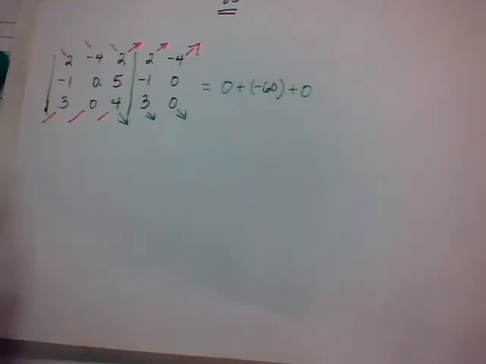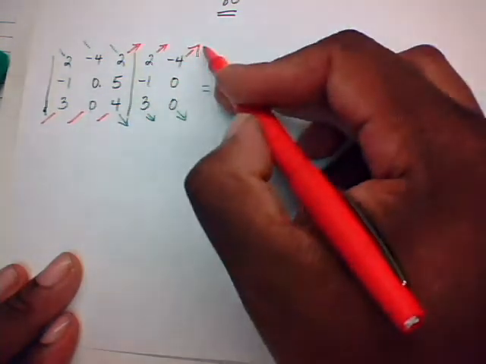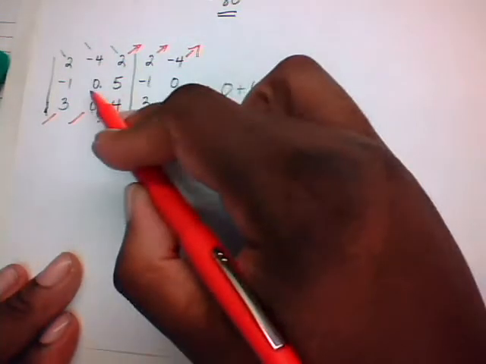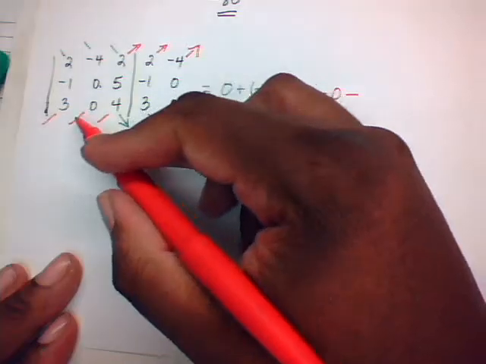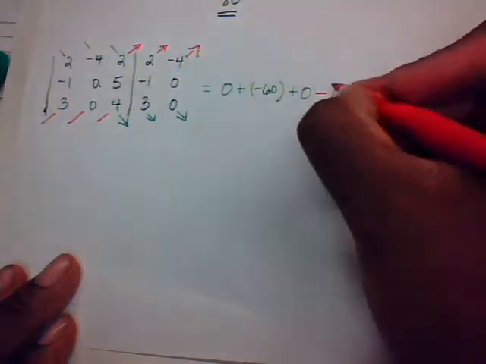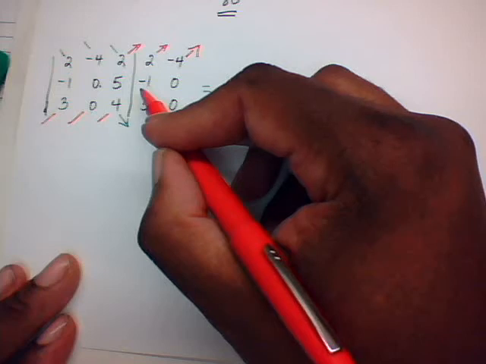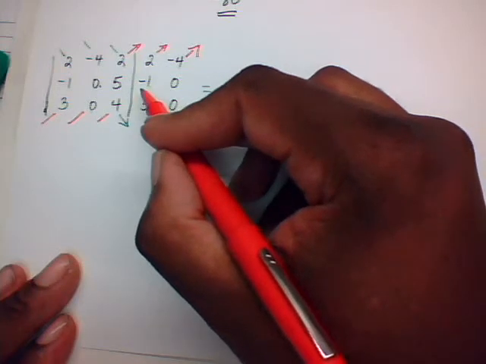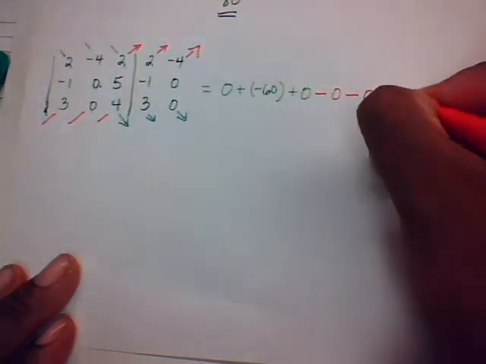Now we're going to minus the product of these diagonals going this way. 3 times 0 is 0, times 2 is, of course, 0, minus 0 times 5 is 0, times 2, again, that's 0. And then for this diagonal, 4 times -1 is -4. -4 times the -4, that's 16. So it'll be minus 16.